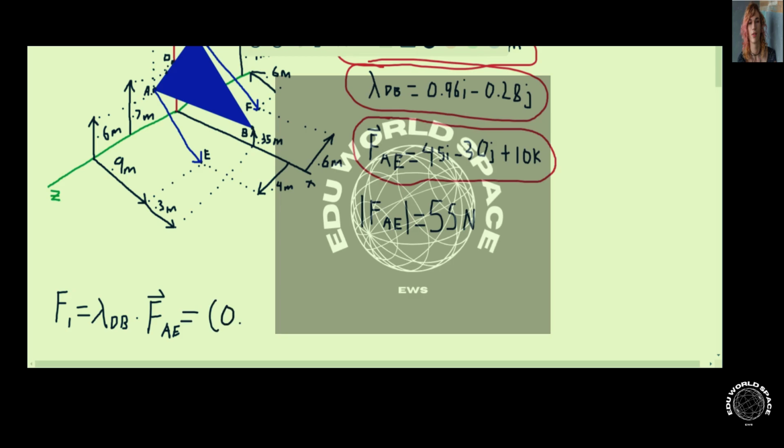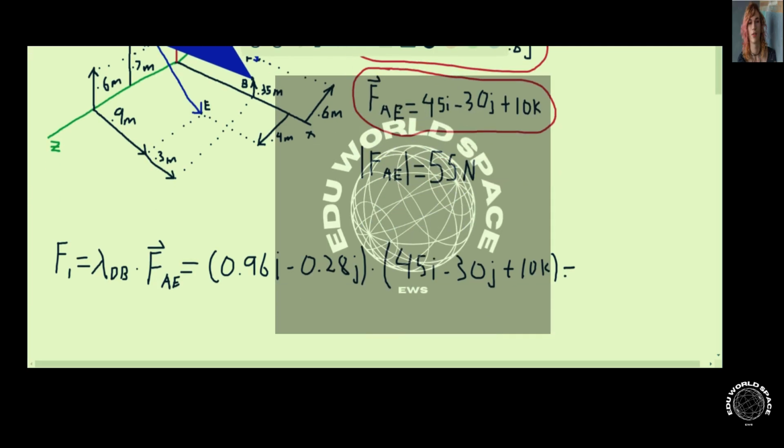We plug in the unit vector, and then we plug in the force vector. Taking the dot product, we get a value of 51.6 newtons.